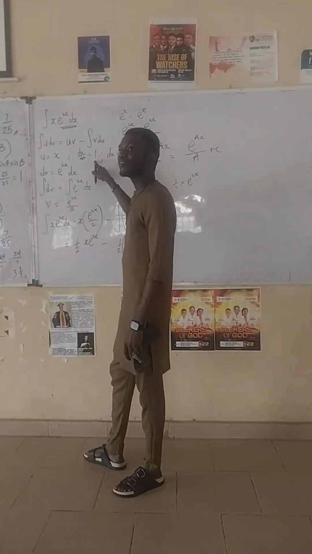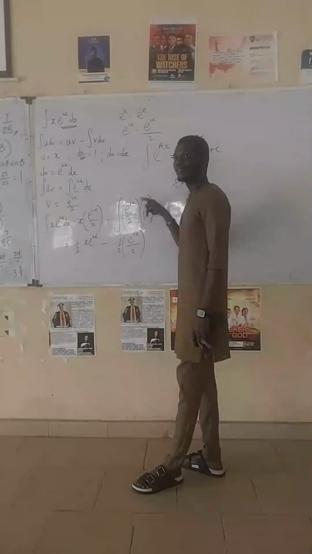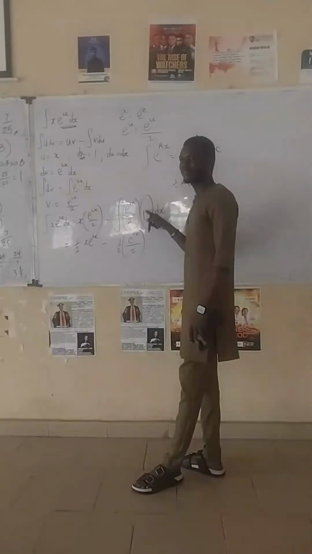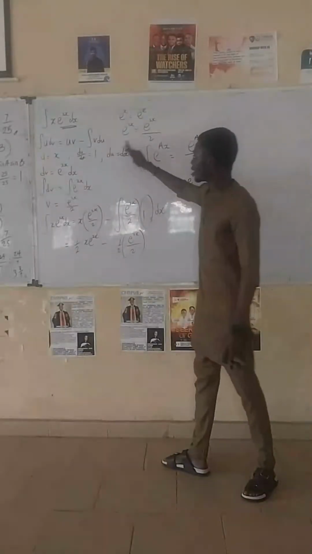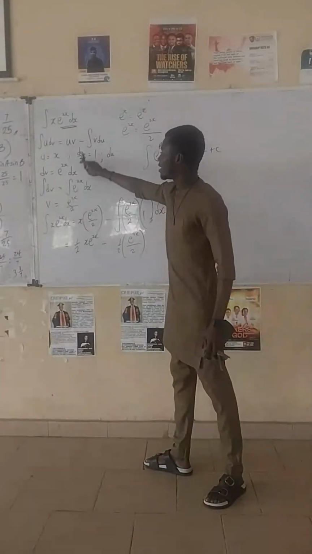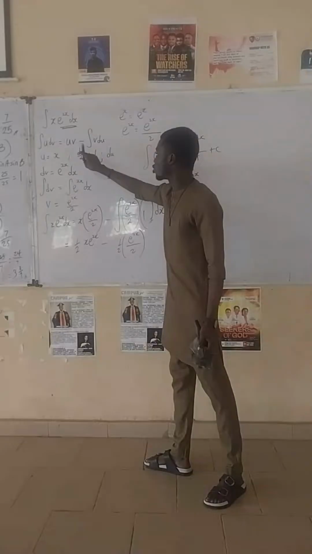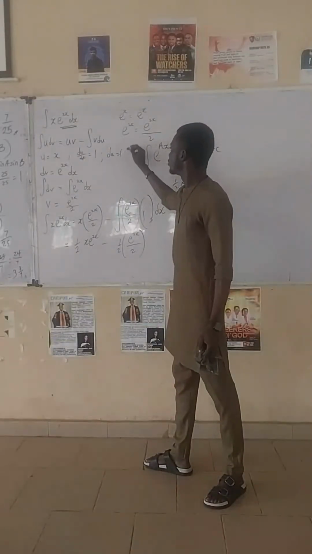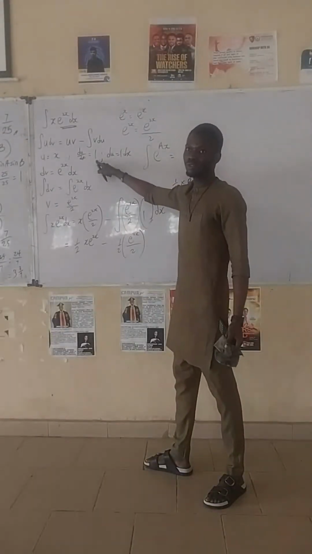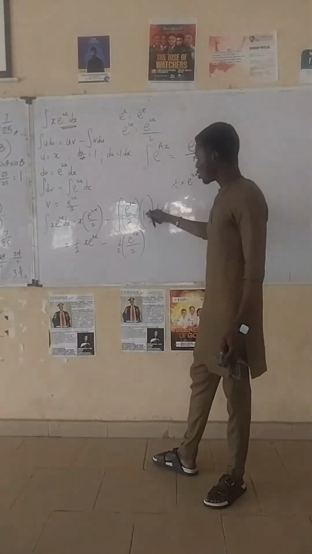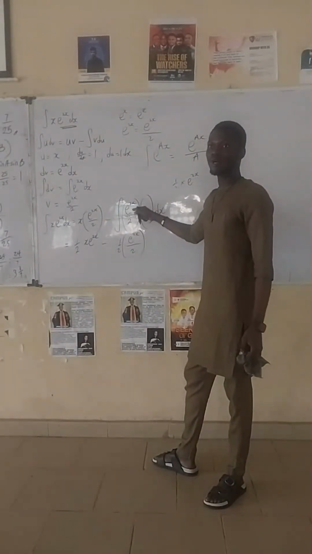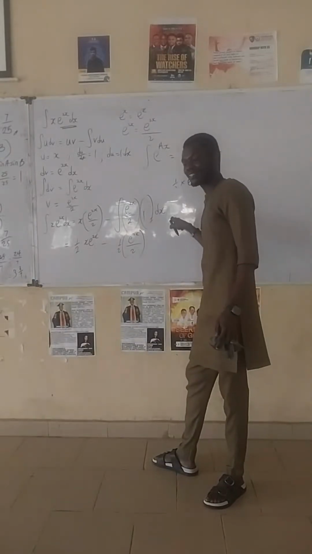You have to integrate with respect to x, not with respect to u. So this one is 1 dx. If you cross multiply, du over dx equals 1, which means du equals 1 dx. Maybe you have something else here, maybe 2, that's 2 dx. But the 2 will just be here to multiply whatever you have. The 1 is here to multiply whatever you have. That's why when you integrate with respect to x, you can get this one.